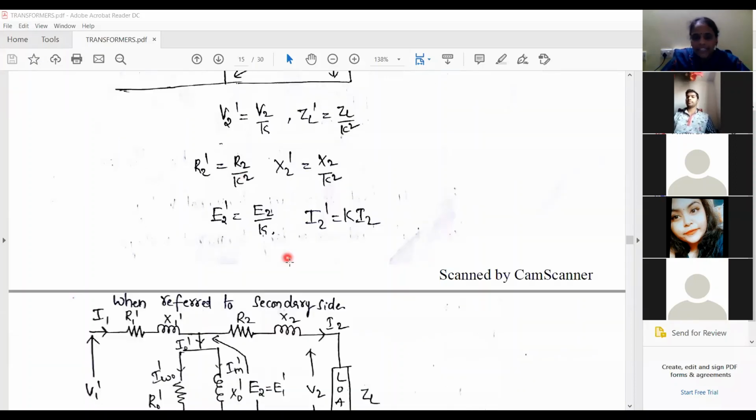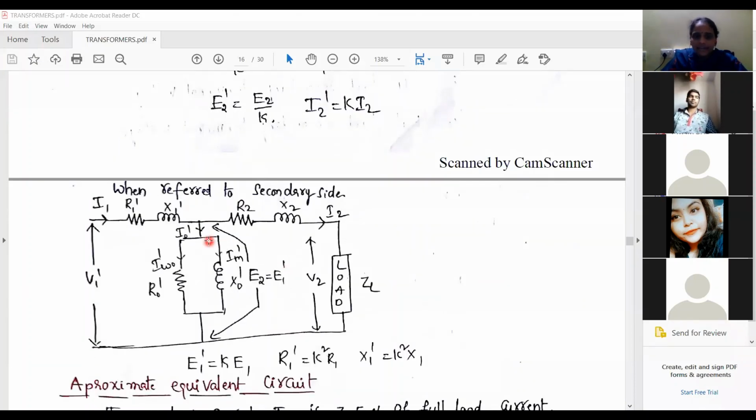Okay, now I am transferring the primary parameters to the secondary side. Already we have the secondary parameters R2 and X2. Now I am transferring the primary parameters R1 and X1 also to the secondary side. Then it becomes R1 dash and X1 dash. Now this is my shunt branch, the same I0 dash, IW dash and IM dash.